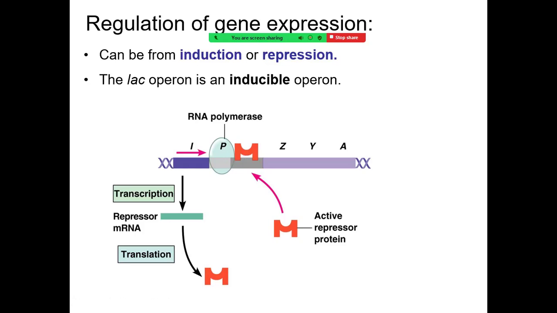If it's blocked, it cannot transcribe the Z gene, and then the Z gene will not be transcribed, will not be translated. We will not have the enzyme lactase in the cell. And this is normally how E. coli shuts down the lac operon.